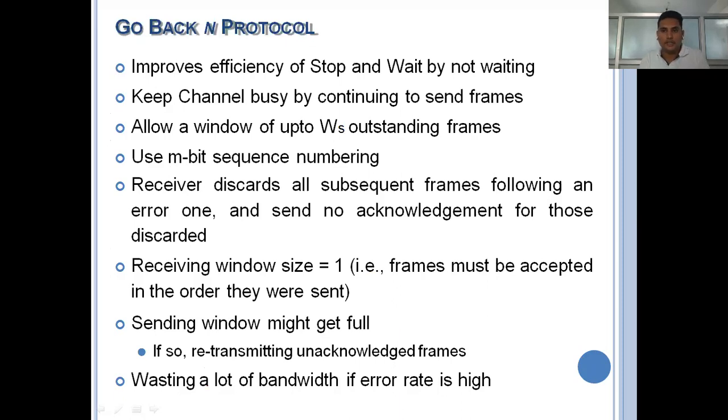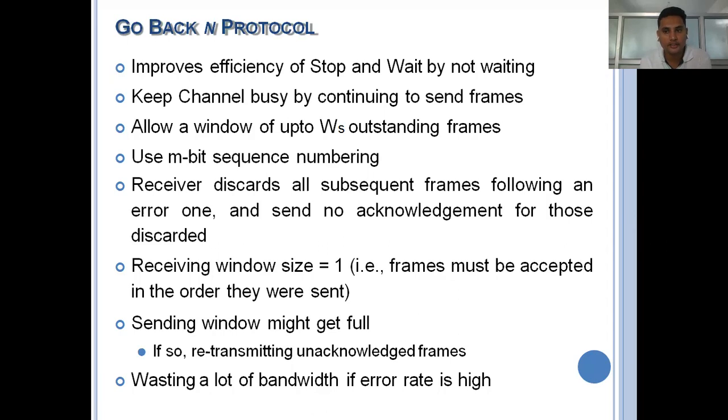The first one is the go back N protocol. This is the second sliding window protocol; the first is the one bit sliding window protocol. The go back N protocol improves the efficiency of the stop and wait protocol by not waiting. In the stop and wait protocol, the sender waits to send the second frame until it receives the acknowledgement from the receiver.